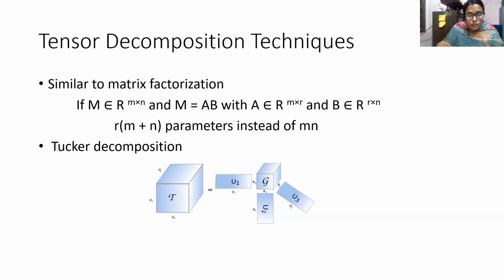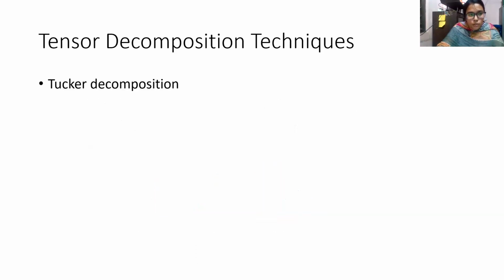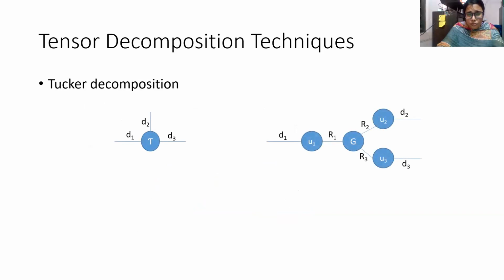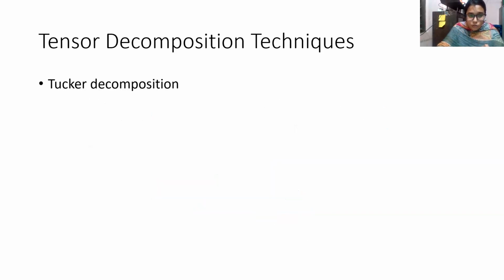So tensor T is decomposed into U1, U2, and U3 matrices. Here you can see that the parameters are all multiplied and then summed. There is another decomposition technique, the Tucker decomposition.